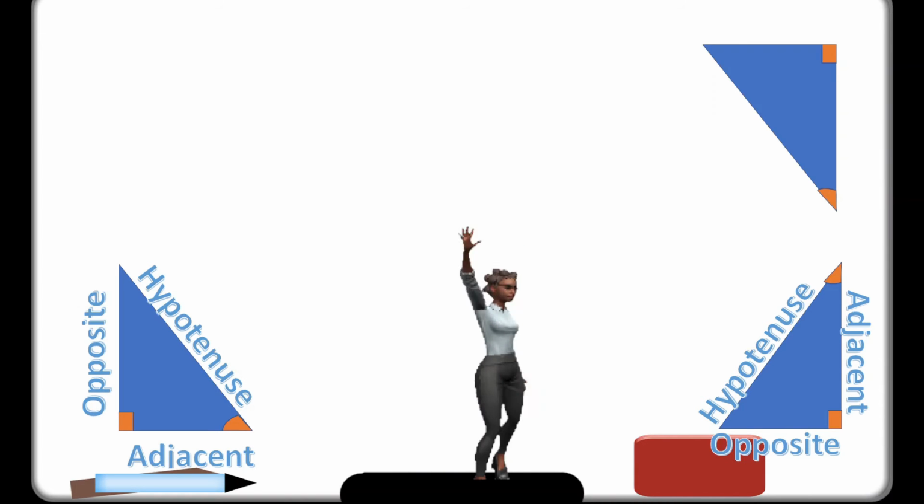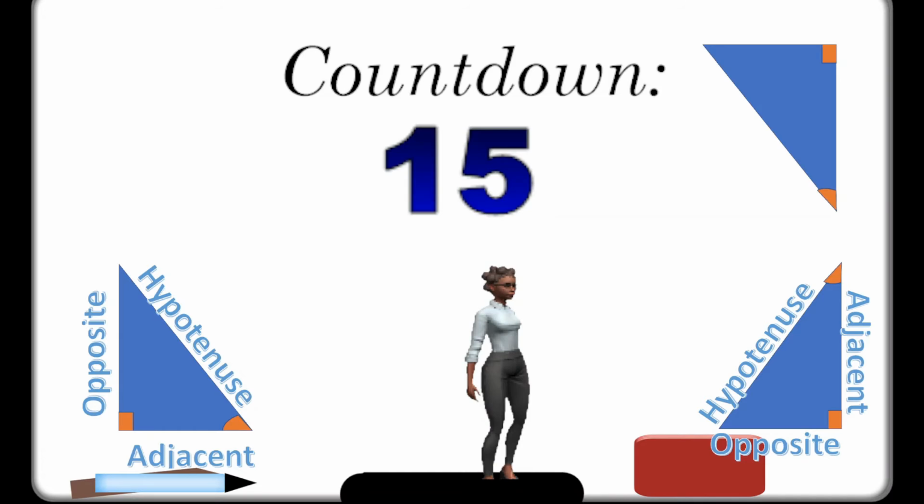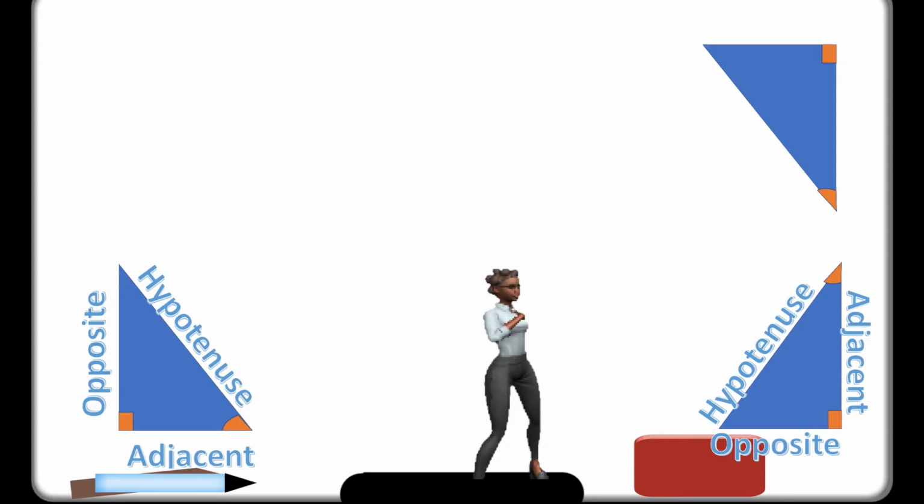He's all the way up there. In triangle number 3, we look for the hypotenuse situated across from the right angle.